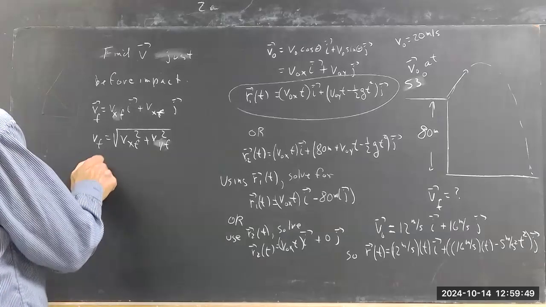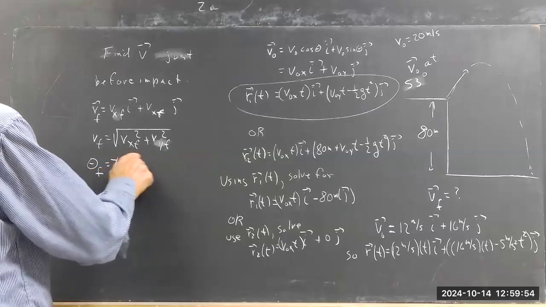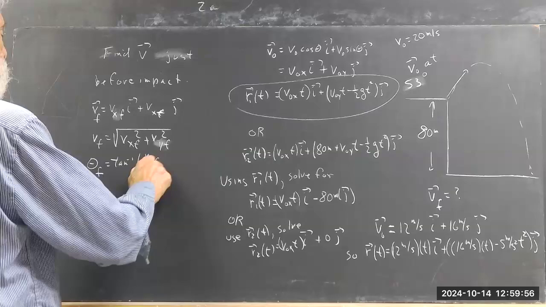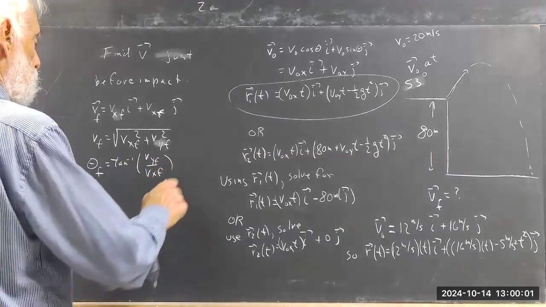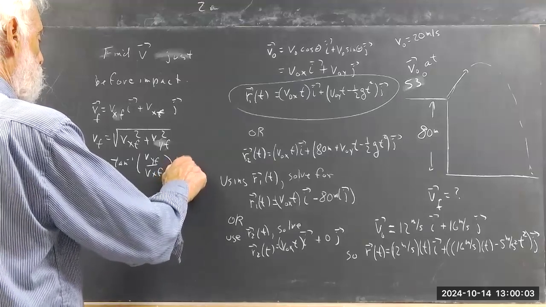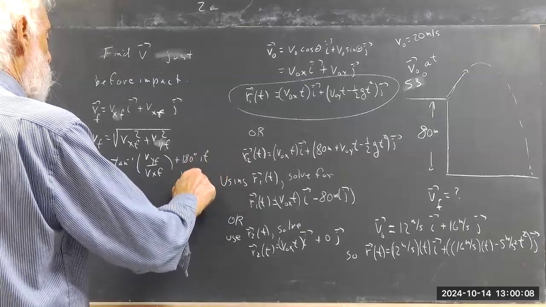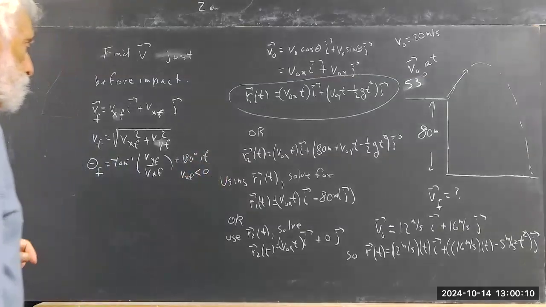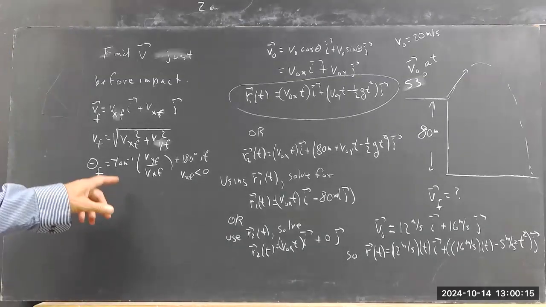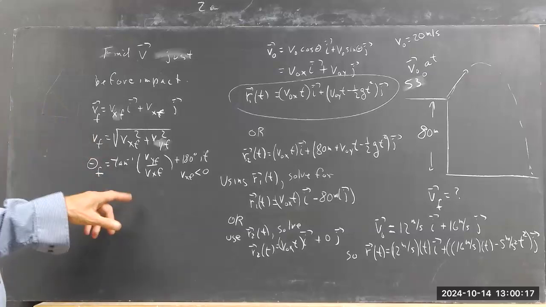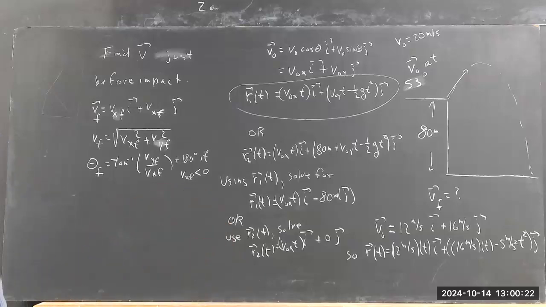And your final theta is just the arctangent of your y over x components of your velocity.